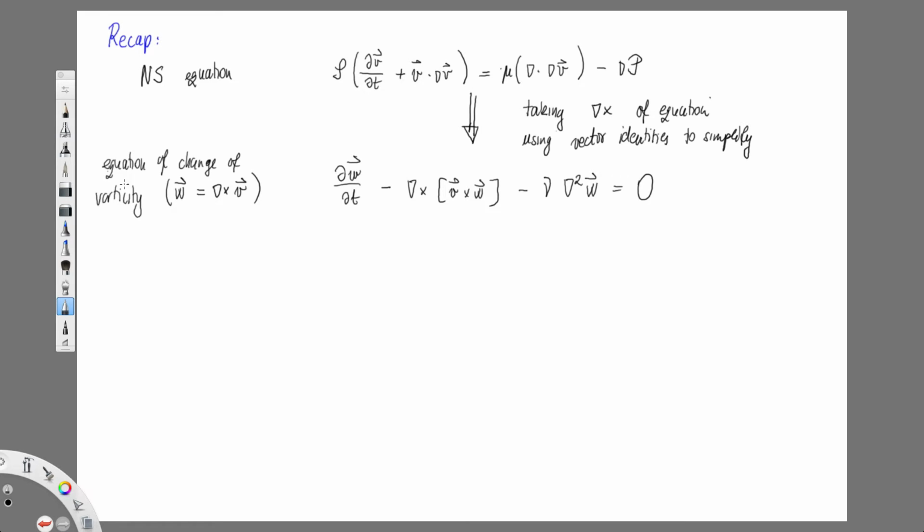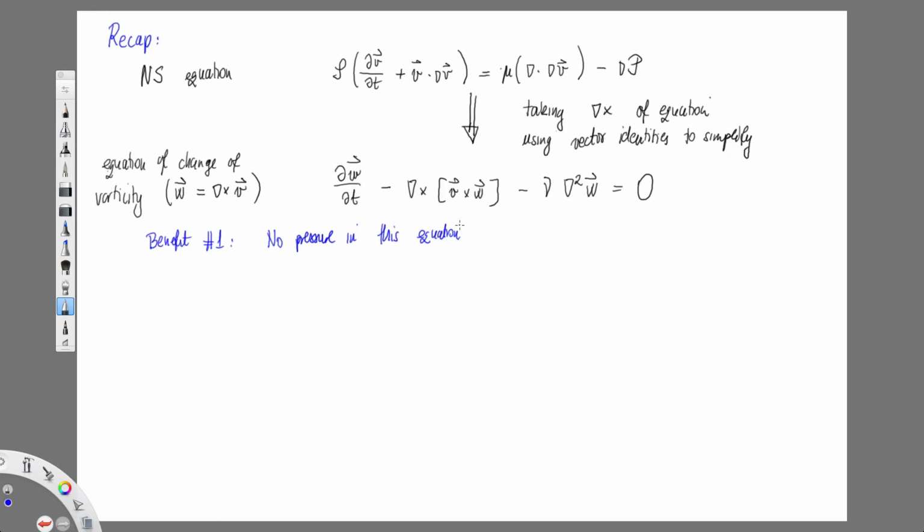So benefit number one: what's missing from this equation of vorticity? Pressure. There's no pressure in this equation.